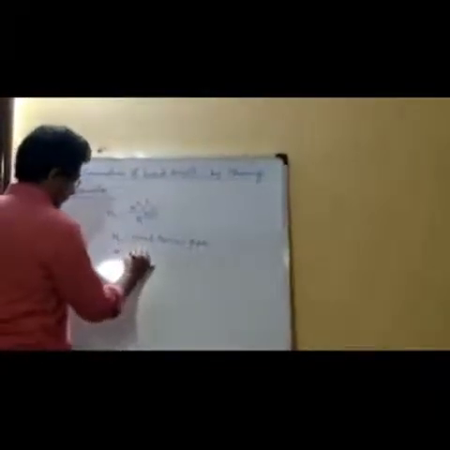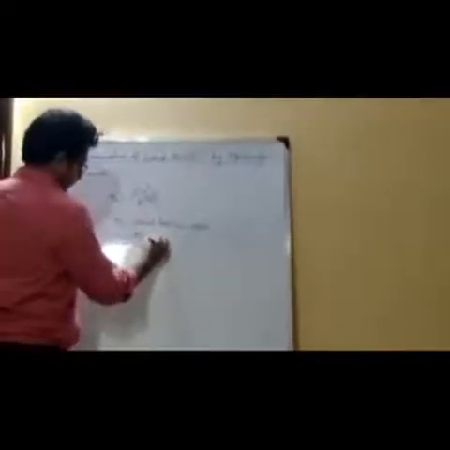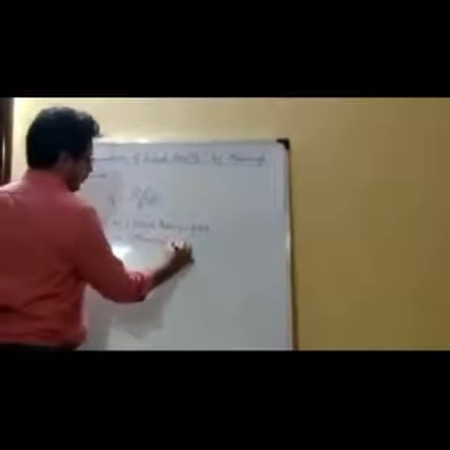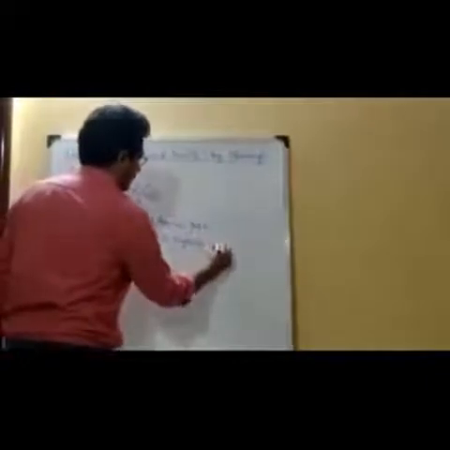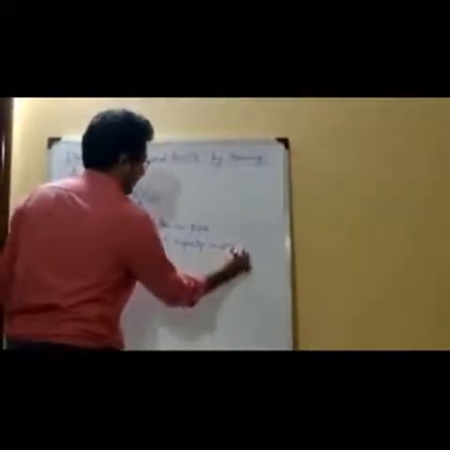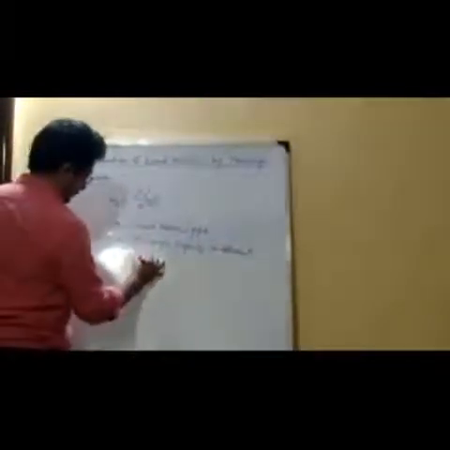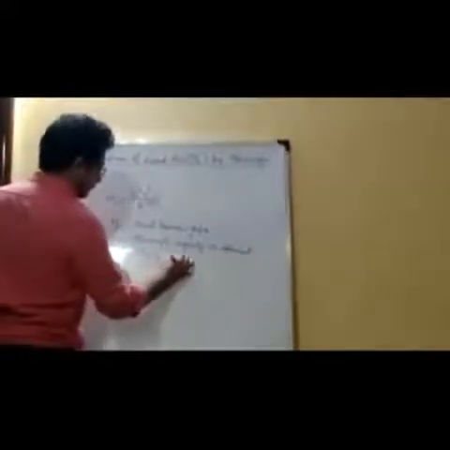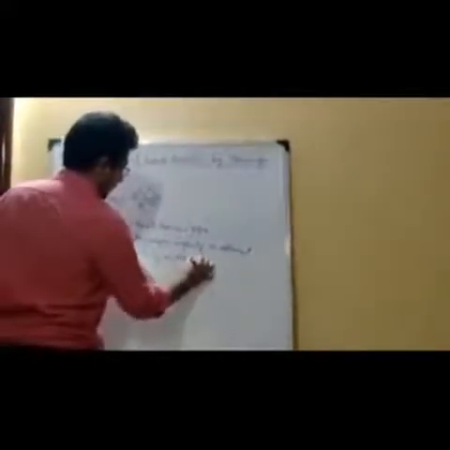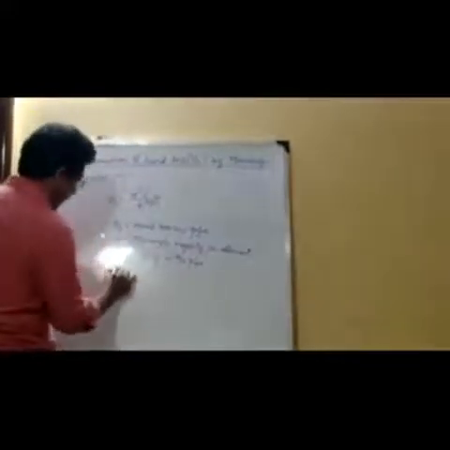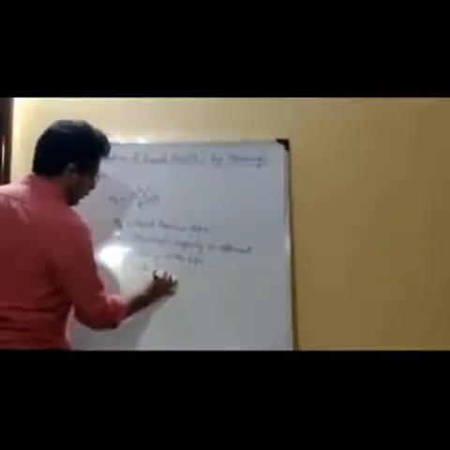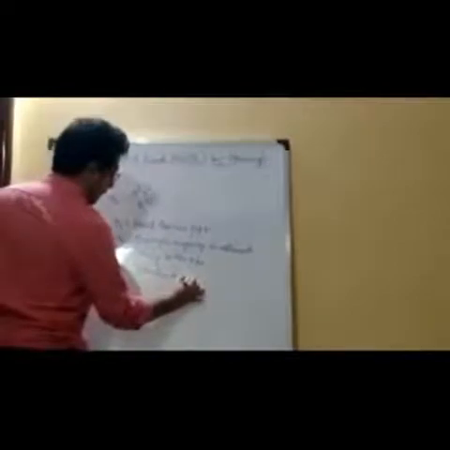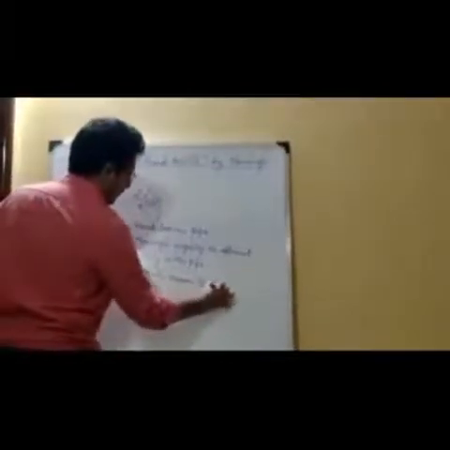M, that is Manning's rugosity coefficient. V, velocity in the pipe. R, that is hydraulic mean depth.